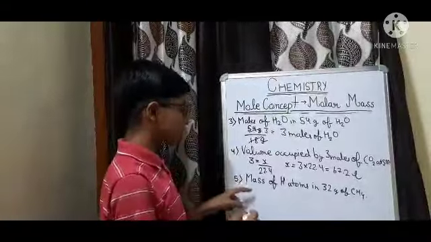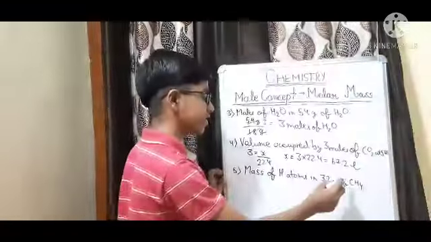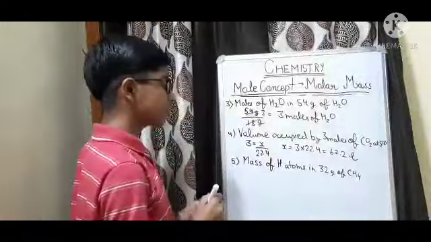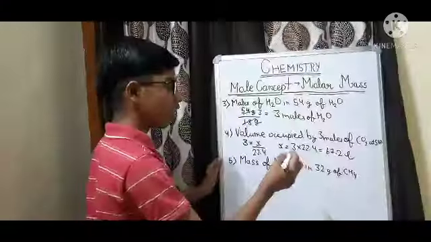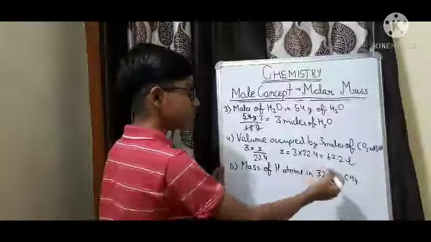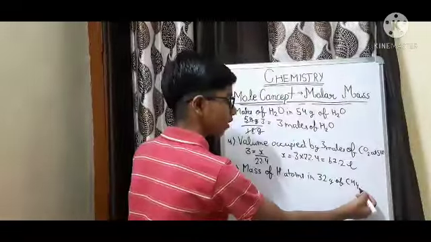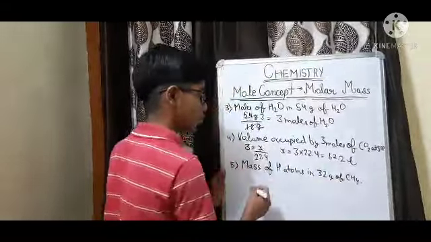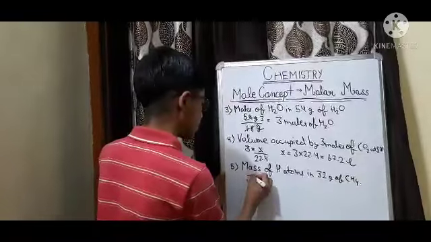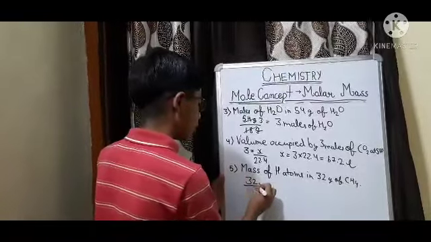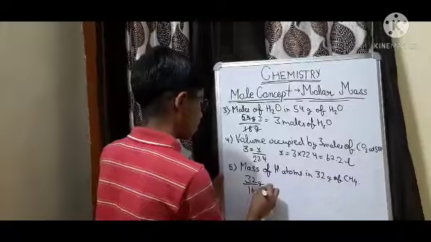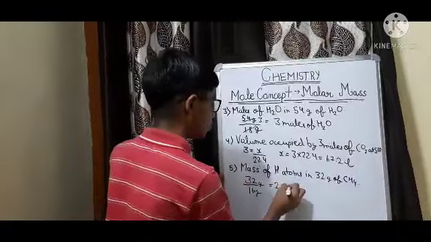I will be moving on to the next question, that is mass of H atoms in 32 gram of CH4. So first of all, we will find the moles of CH4 in 32 grams. Of C it is 12, of H4 it will come as 4. So 12 plus 4 is 16. So it will come as mass given, 32 grams, upon molar mass, that is 16 gram, which is equal to 2 moles.